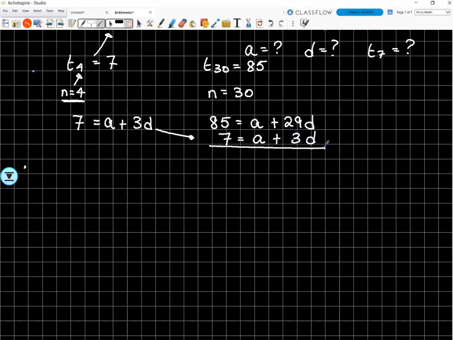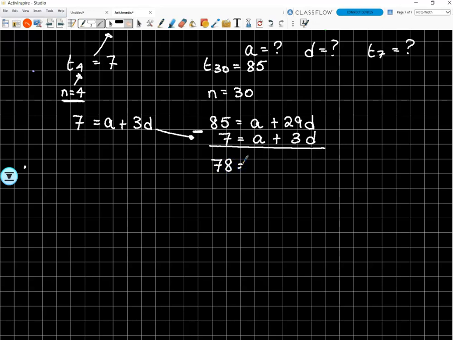And we're going to do the elimination way. Why? Because your A's have the same coefficient. So it's just going to be really easy to eliminate them by doing subtract. That's right. So I'm going to subtract those equations from one another. So 85 take 7 is 78.